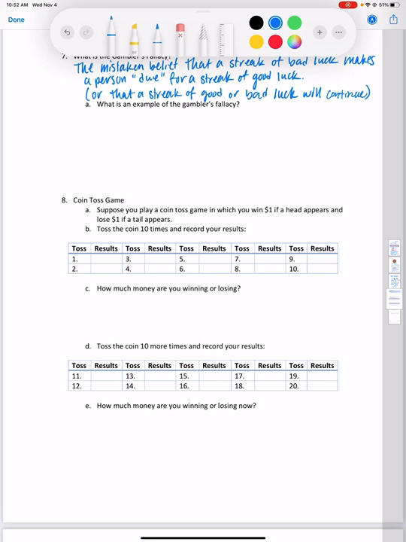Okay. Now, what is an example of a gambler's fallacy? So if you play a game where you get $1 for heads and lose $1 for tails, okay. So we're going to start out this example, we're going to actually do it with the coin toss in number 8. If you play a game where you get $1 for heads, coin toss test.